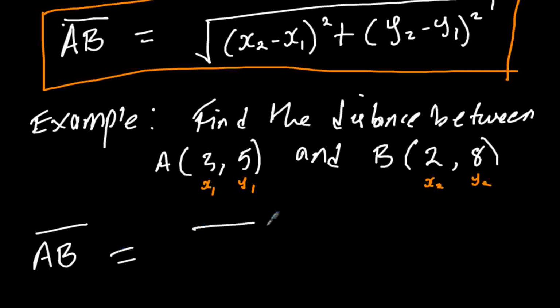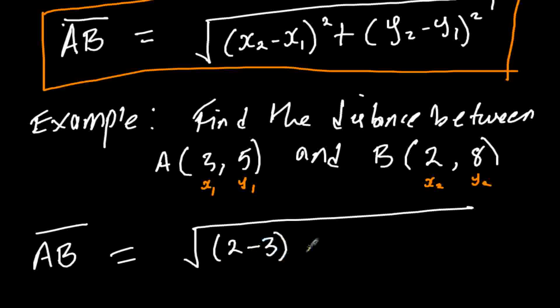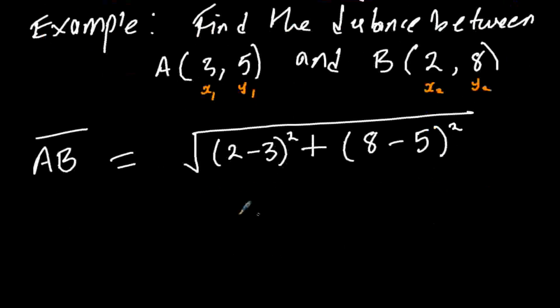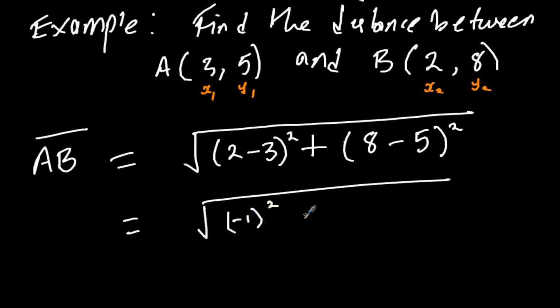being equal to the square root of (2 minus 3) squared, plus (8 minus 5) squared, and that will give us the square root of (2 minus 3 is negative 1) squared plus (8 minus 5 is 3) squared.